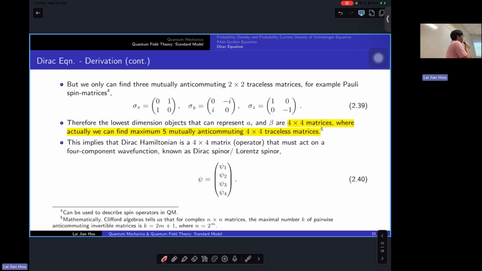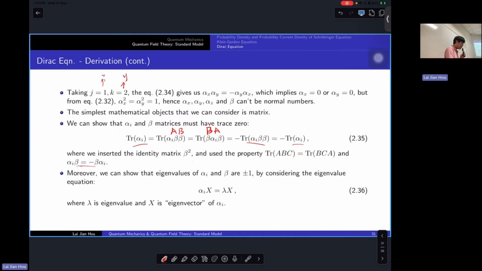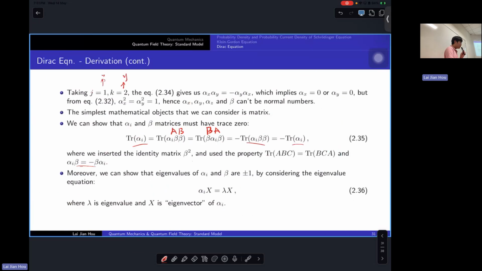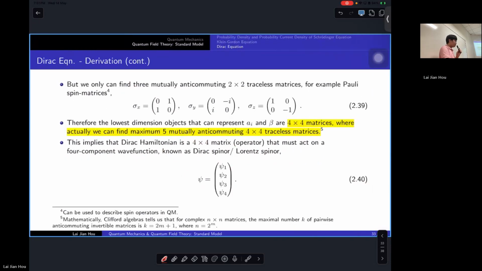So maybe the dimension of alpha and beta is 2. But at the end, if you want to satisfy the three equations before, the anti-commuting equations and also the squares equal to 1, it turns out that in two dimensions we cannot do this. We cannot find these four anti-commuting matrices.